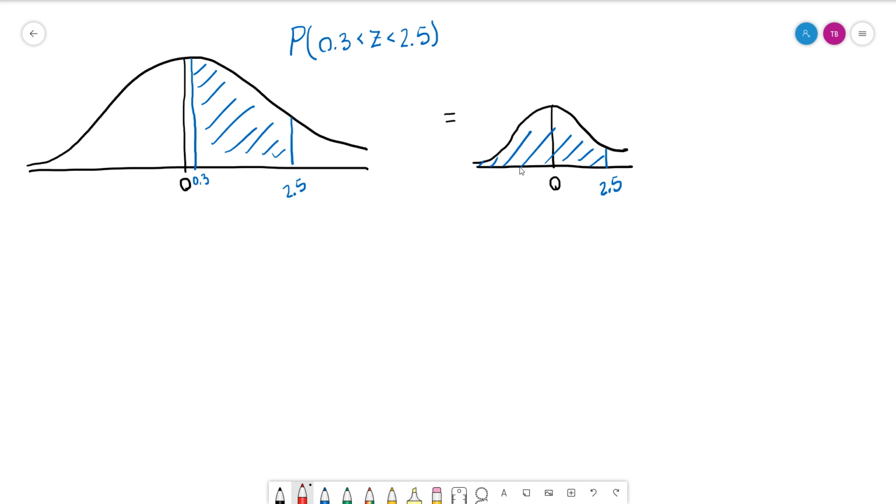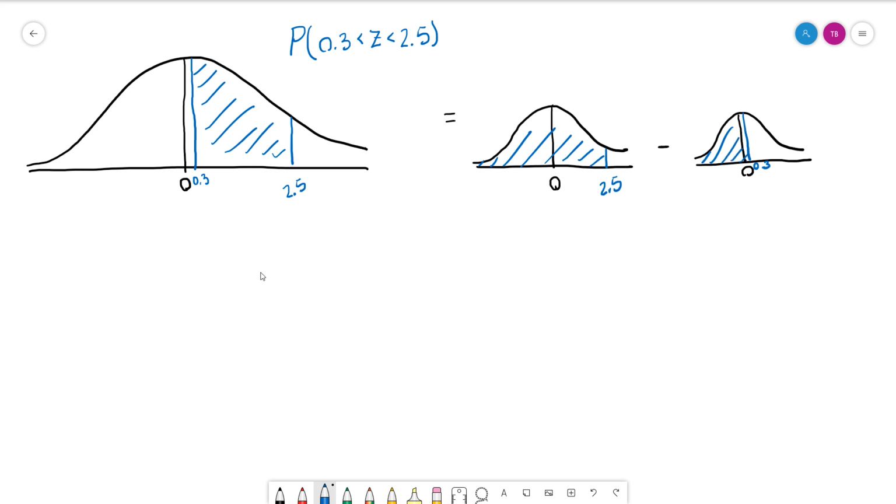That bit is the part to the left of 0.3. So we are going to subtract the probability of being to the left of 0.3. There's 0.3. That's the bit that we don't want.